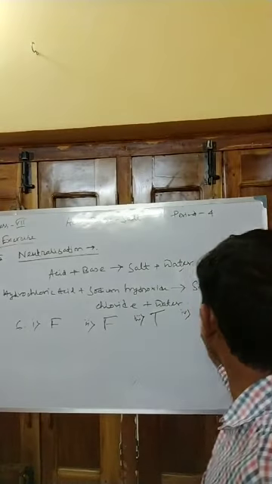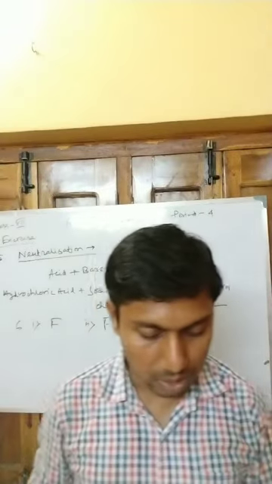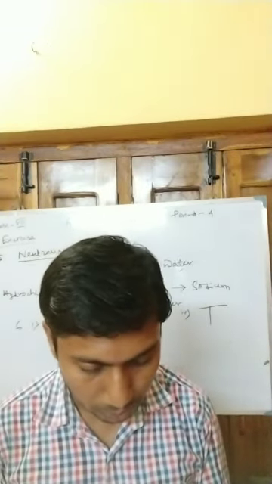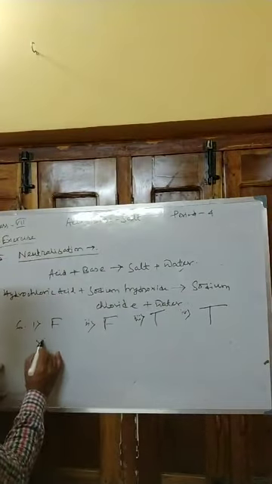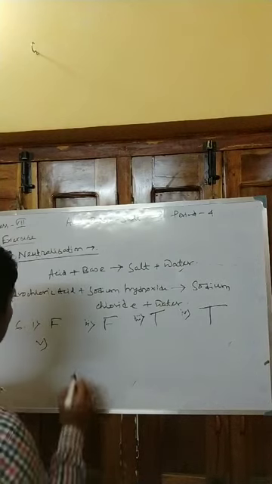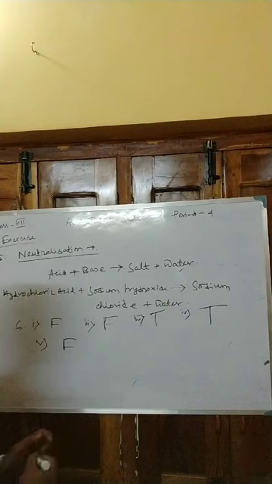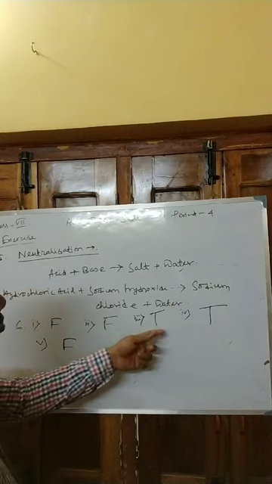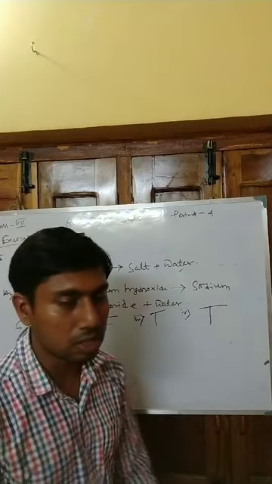So it is also true. From the definition we can tell this is a true statement. Now 6-5, tooth decay is caused by the presence of a base. Tooth decay is caused by the presence of an acid, so the statement is false. So 6-1 false, 6-2 false, 6-3 true, 6-4 true, and 6-5 false.